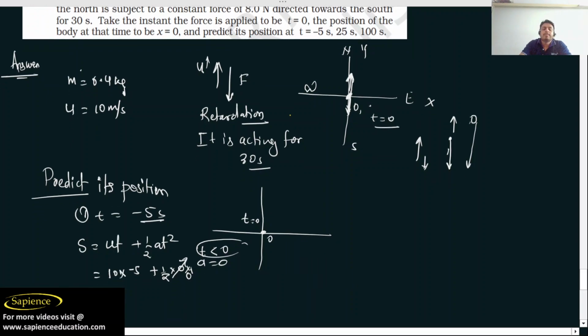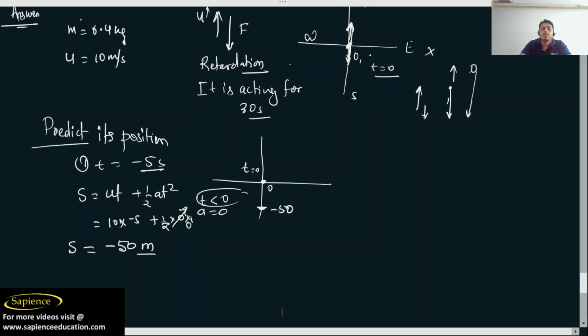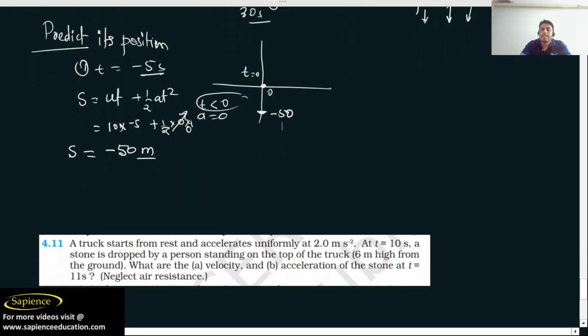So finally how much distance did it cover? Distance is equal to minus 50 meter. It means that at minus 5 second its position is minus 50 meter. Okay, now case 2.